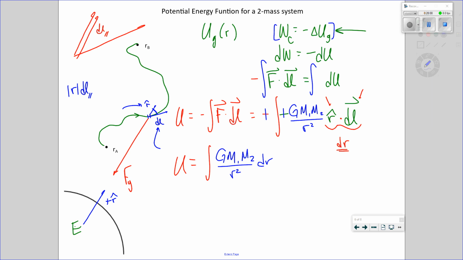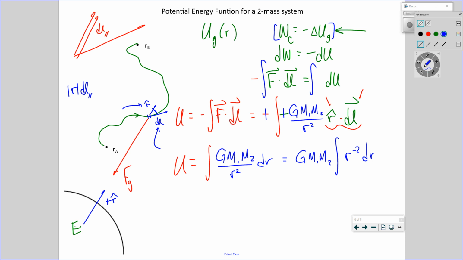This is really, excuse me, I can do this, G m1 m2 integral r to the negative 2 dr. U of r is G m1 m2.